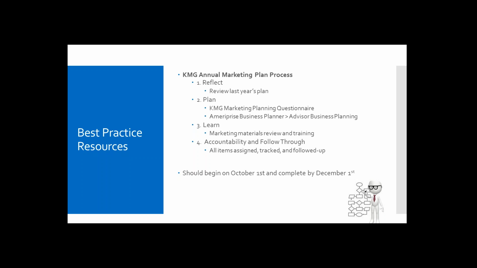The process that we recommend is a reflect, plan, learn, and accountability and follow-through process. The reason that we recommend starting in October is because we'll want you to go through these steps in preparation for the following year. So you'll really want to have a marketing plan in place by December 1st.